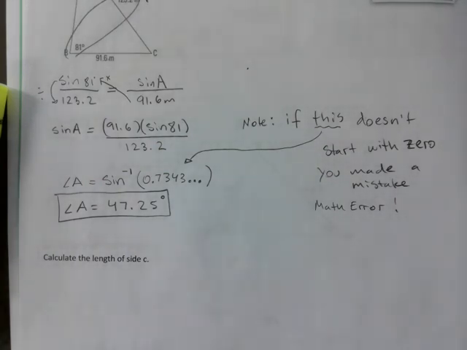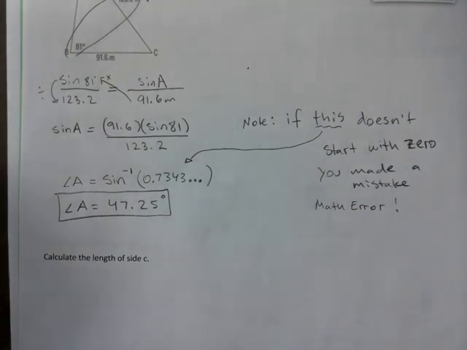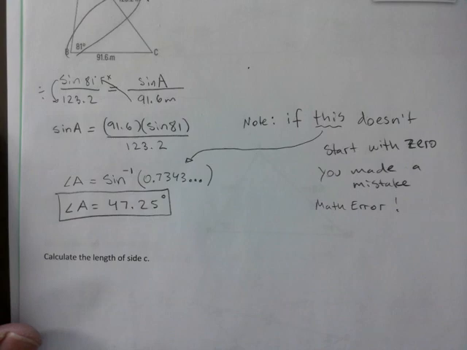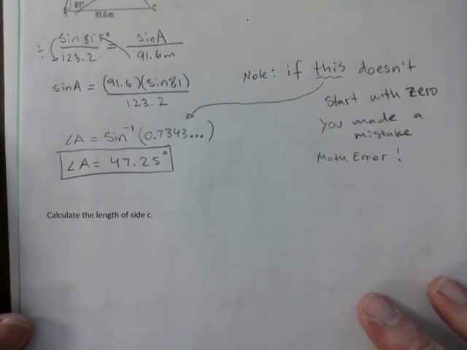Maybe the wires are crossed, right? Something is wrong there. So you've got to watch out for that. It has to start with a 0. Sometimes there's a slight chance that I made a mistake when I set up the question. There's a chance of that as well, but most likely not.